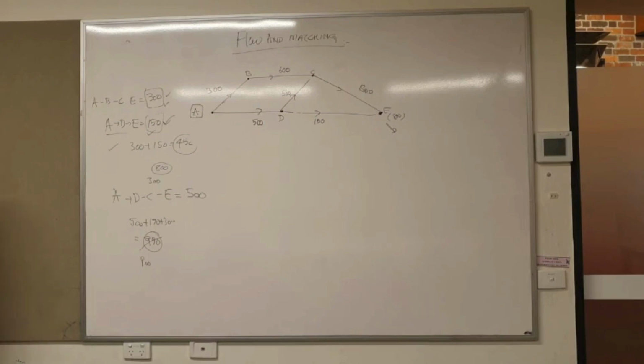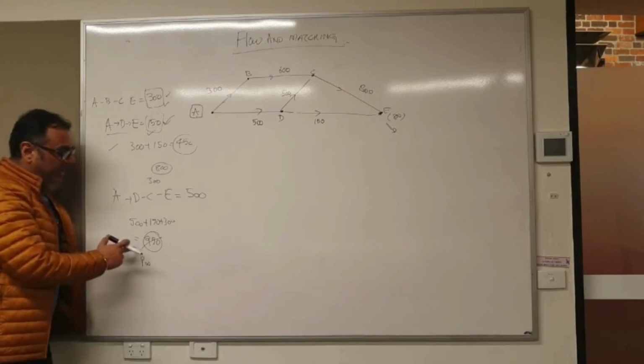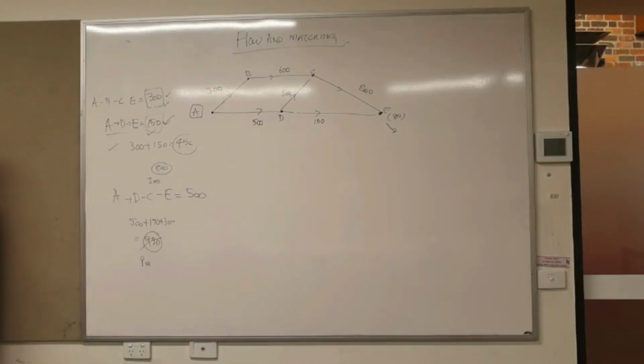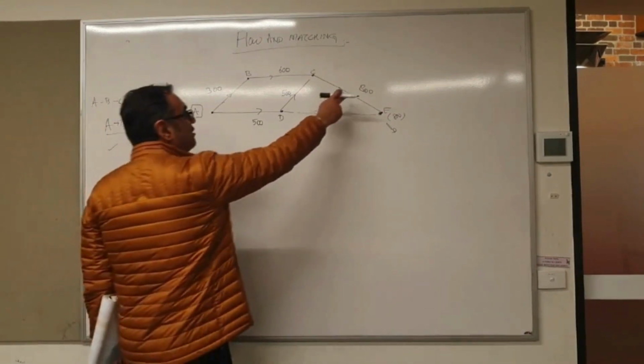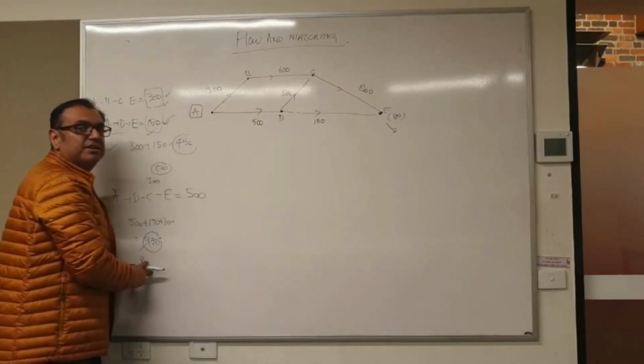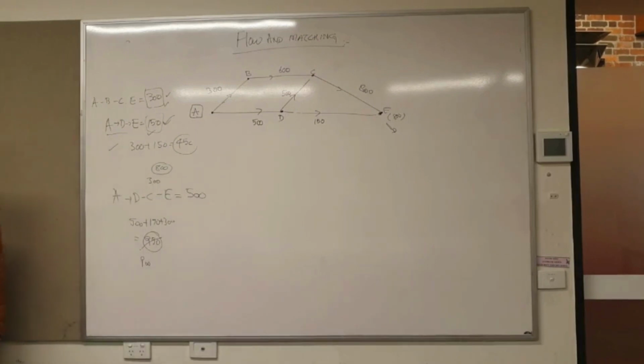Does that make sense? Why I have not taken 950 and I've taken 800? Yep. Now if this would have been 700, then I would have 700 here. If 600, I would have 600 here, and so on and so forth. All good with me?